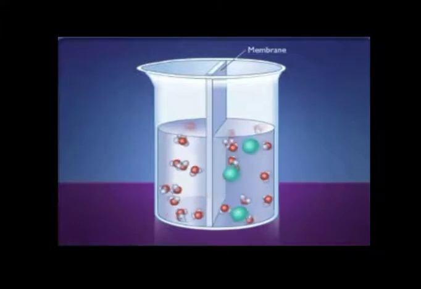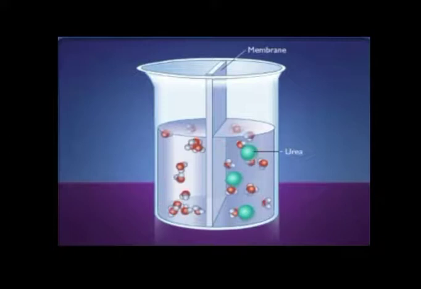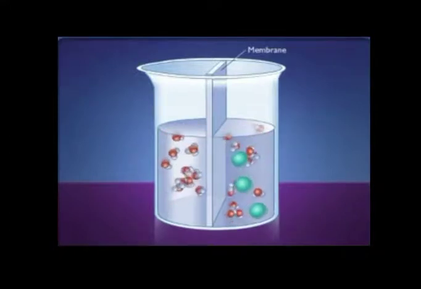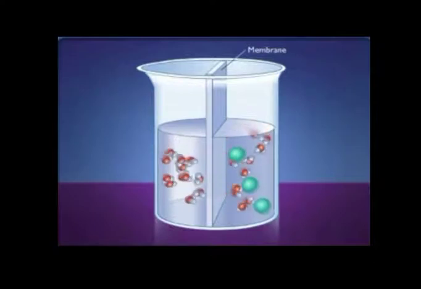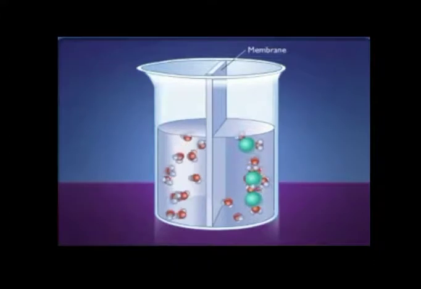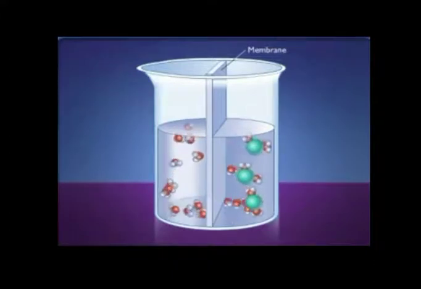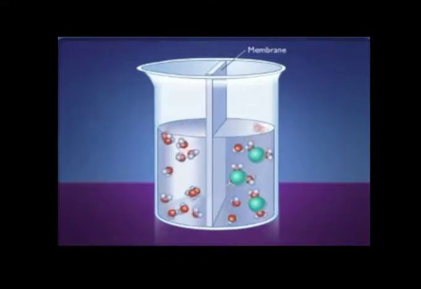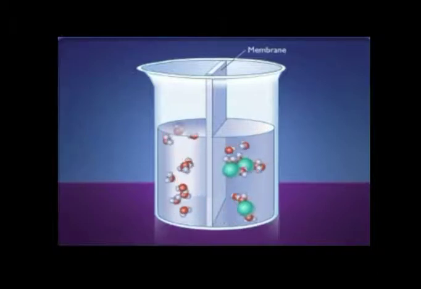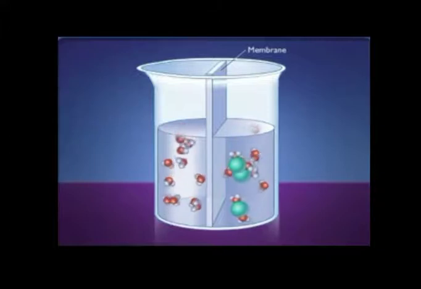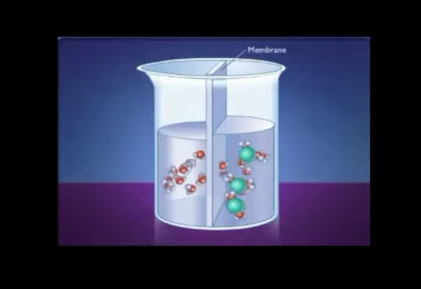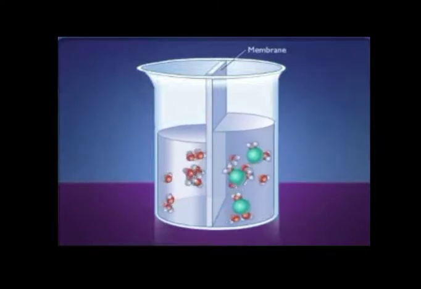If a molecule, such as urea, is added to one side of a membrane, it will not be able to diffuse across the membrane because it is both large and polar. Because of its polar nature, it will interact with other polar molecules such as water. This interaction reduces the number of free water molecules on the right-hand side. With fewer free water molecules on the right-hand side, there is now a net movement of water molecules down their concentration gradient to the side with the urea molecules.